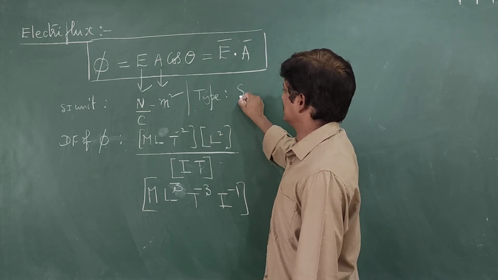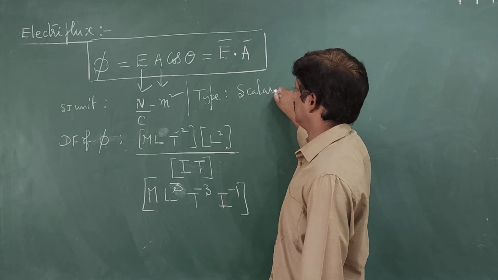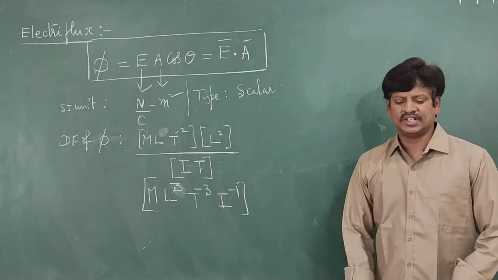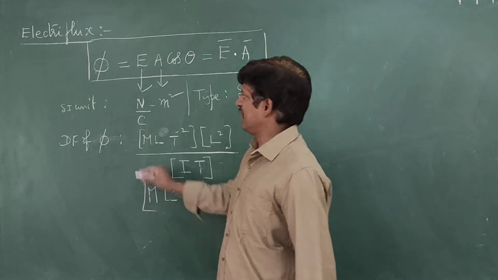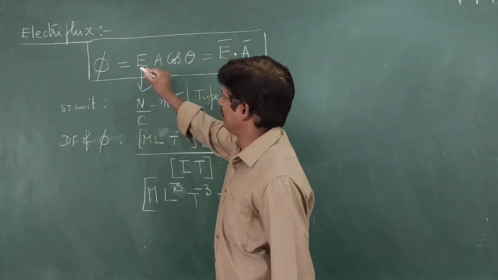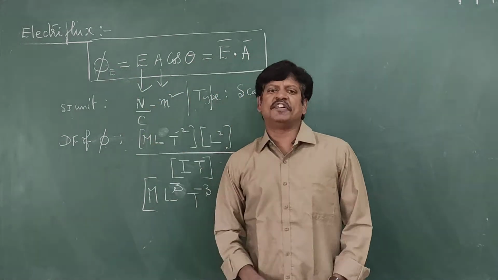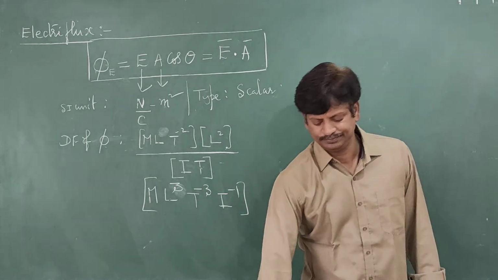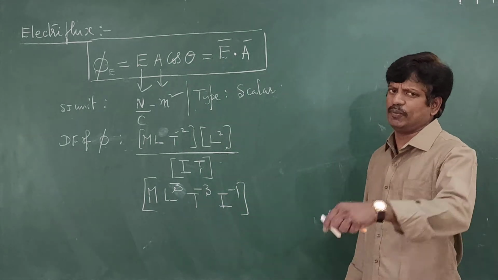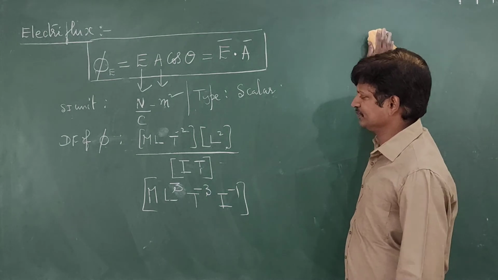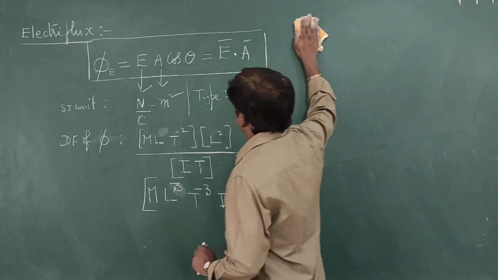It is a scalar physical quantity. Is that clear? Since it is electric flux, let me use the symbol phi E. Of course, we can use phi also, nothing wrong in this. Is that clear? Right.